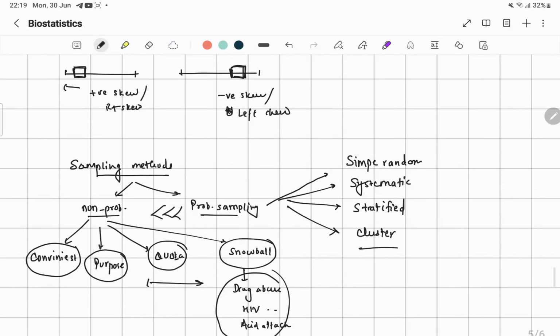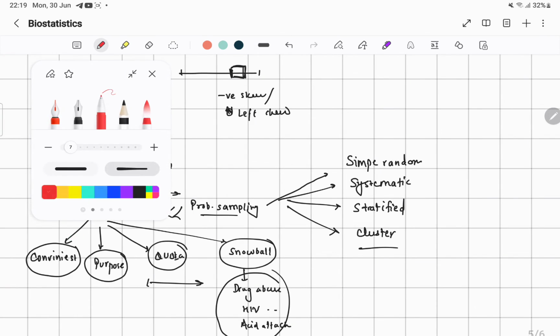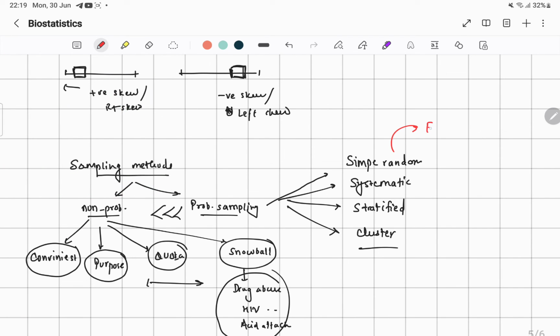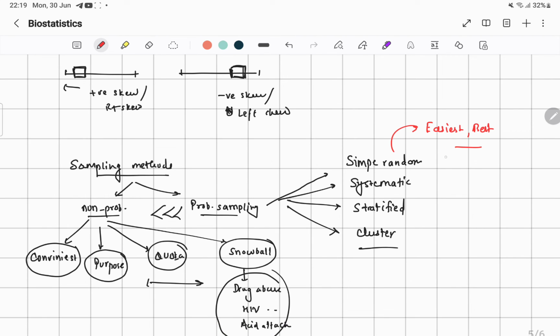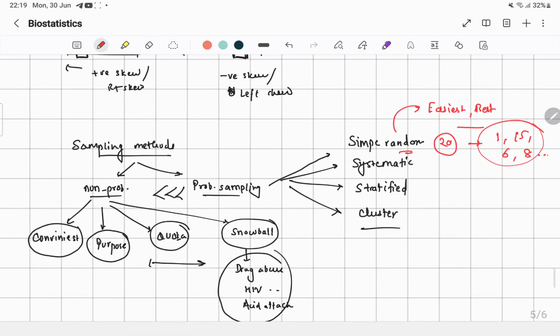Simple random sampling is the easiest and best method of choosing random numbers. Let's say you took 20 people, and you are calling numbers like 1, 15, 6, 8, all of you come here. So that is simple random sampling.